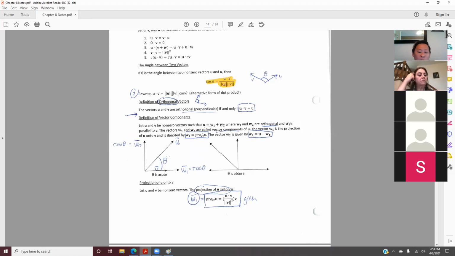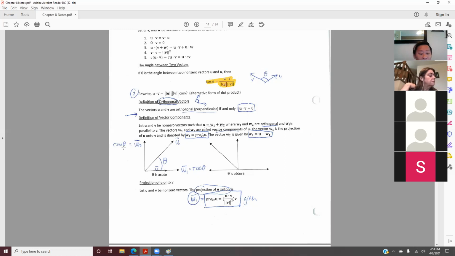You have two vectors, u and vector v, which is a non-zero vector, such that u is w1 plus w2. So this vector u consists of two vector forms, w1 and w2, where these two vectors are orthogonal, meaning they form 90 degrees. And w1 is r cosine theta, and w2 is r sine theta.